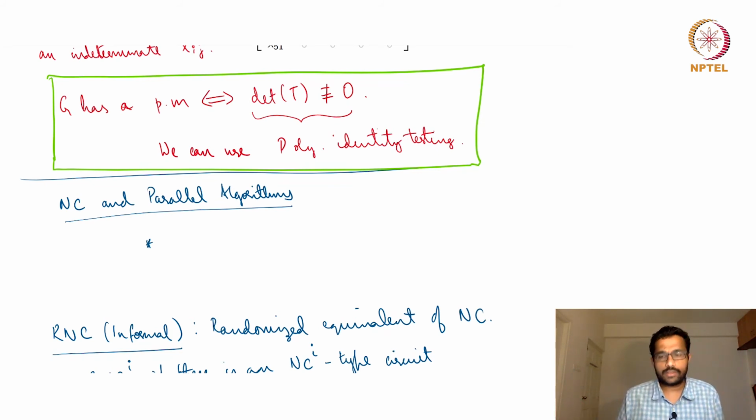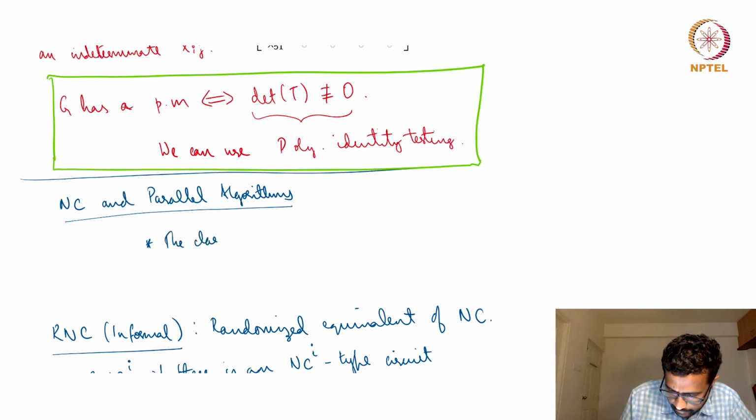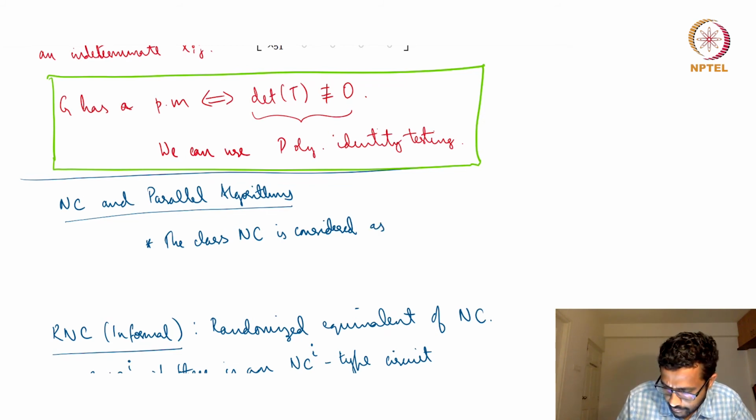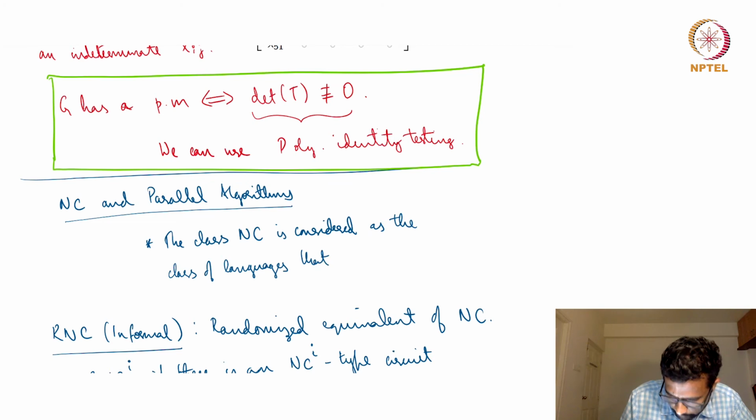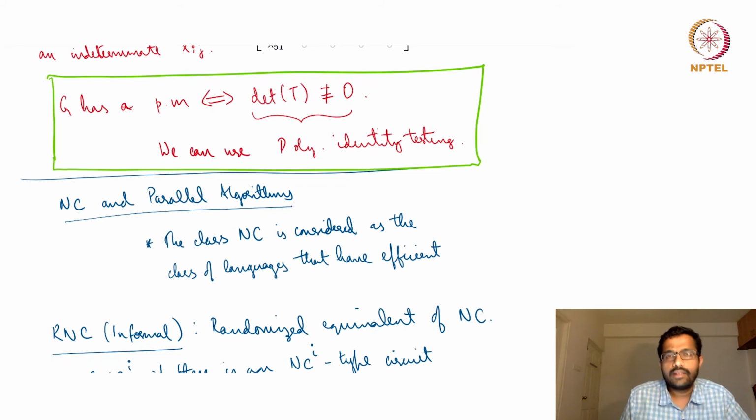So this can be thought of as parallel processing. The class NC is considered as the class of languages that have efficient parallel algorithms. I think I mentioned this when we got into circuit complexity at the beginning lecture of circuit complexity.